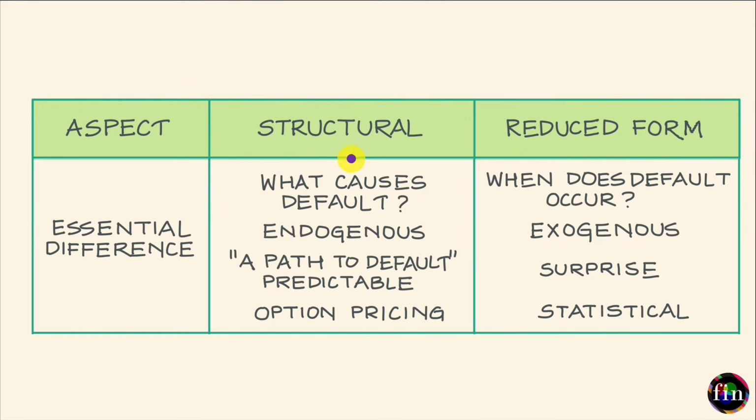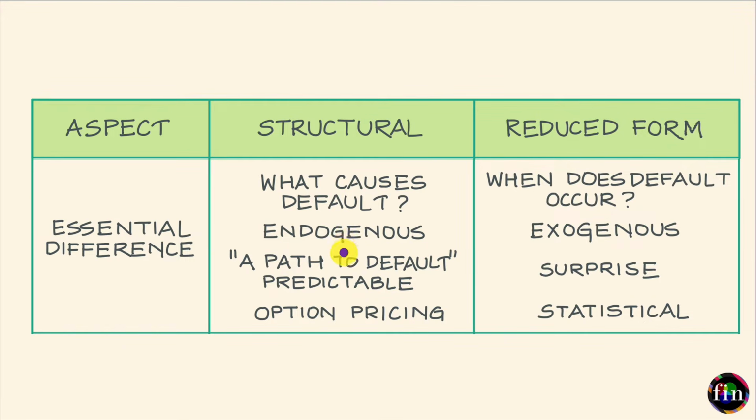So in a structural model, you would choose to work with variables that help you explain what causes default. When it comes to a reduced form model, you will not make any such assumptions about causal drivers of default. Instead, a reduced form model would try to focus on answering this question: when does default occur, and not why does default occur or what causes default.